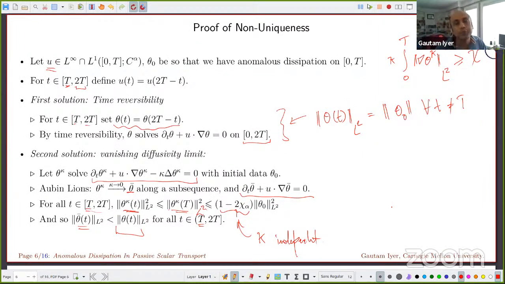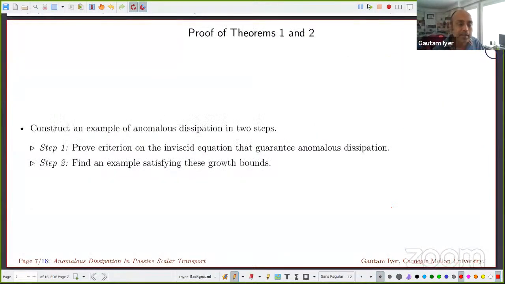Let me go a little bit into what goes into the proof of the main theorems. What we do is essentially two things. One, I want to prove some criteria on the inviscid equation that guarantees anomalous dissipation.